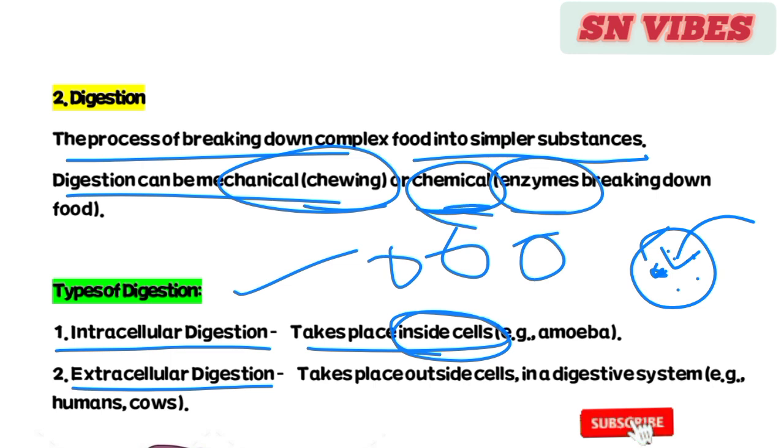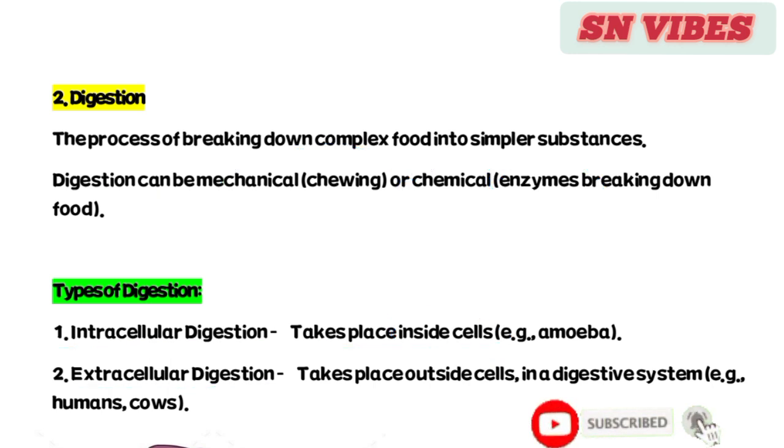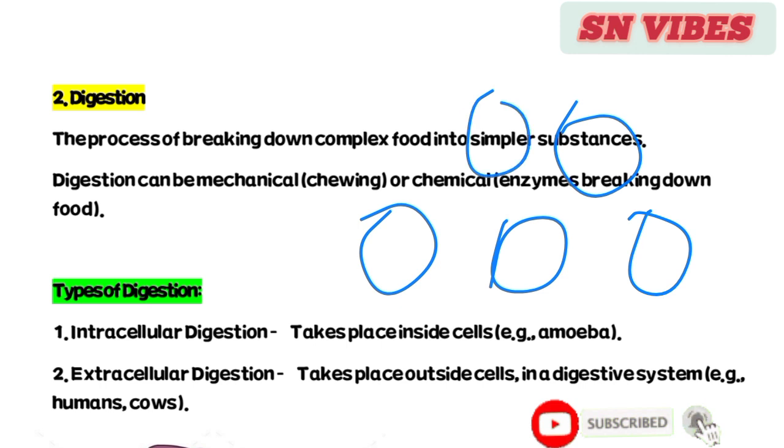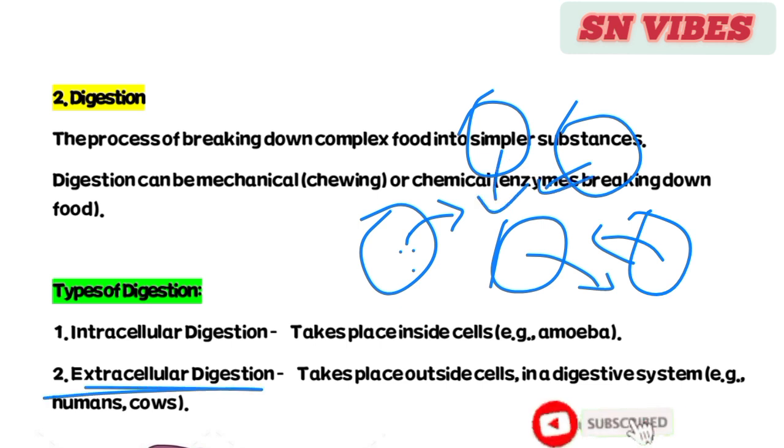If these are a number of cells present in the human body, extracellular digestion does not occur inside the cell, it occurs outside the cell. Extra means external, outside. If digestion occurs outside the cell, it is called extracellular digestion. If it occurs inside the cell, it is called intracellular digestion.